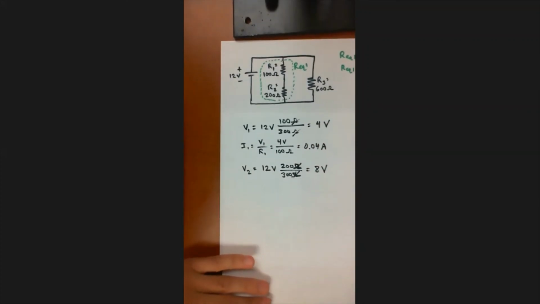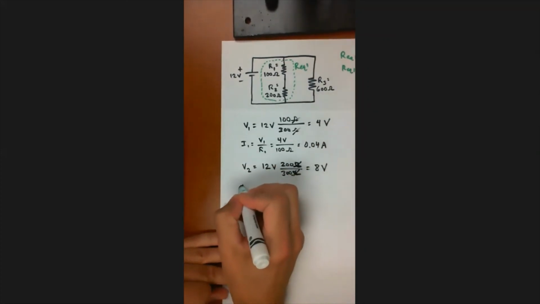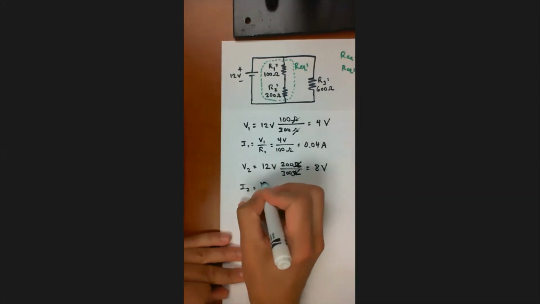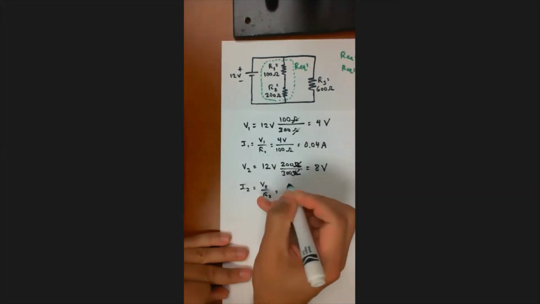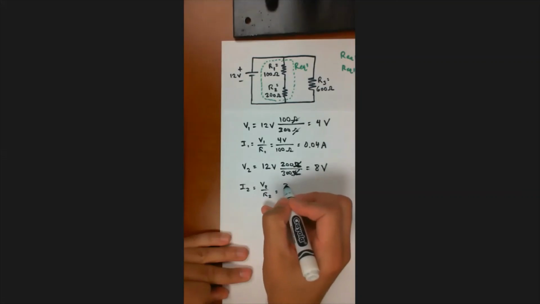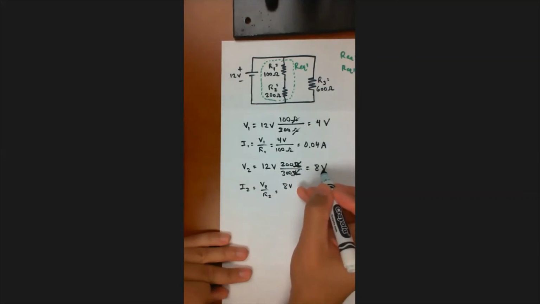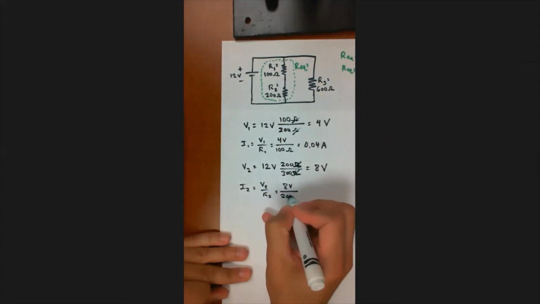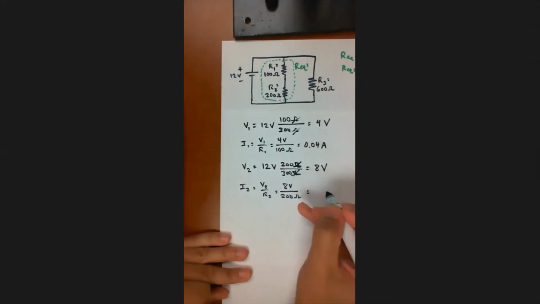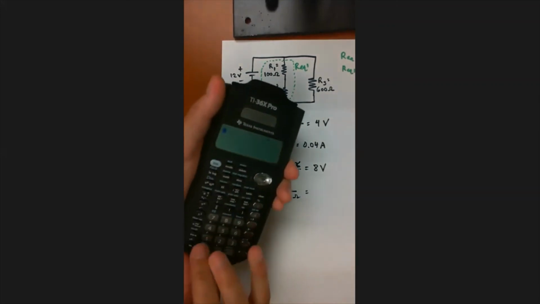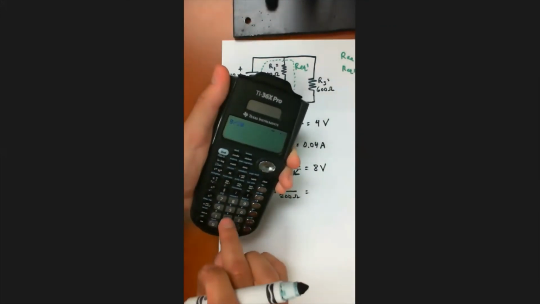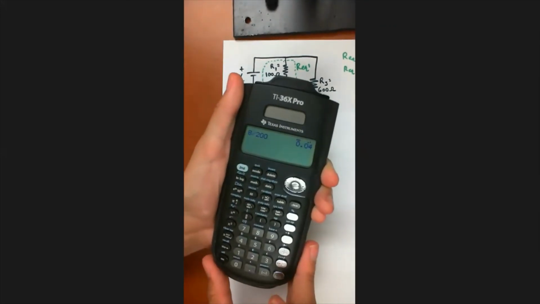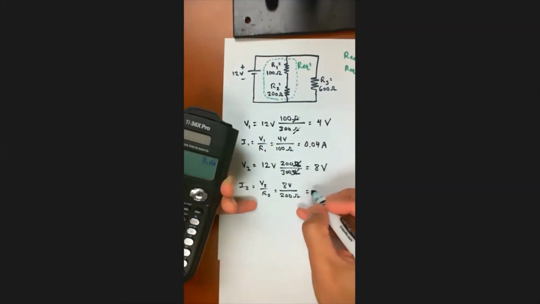And now we can use Ohm's law for I2. I2 equals V2 divided by R2. V2 is 8 volts that we just got. R2 is 200 ohms. And 8 divided by 200 gives me 0.04 amps.